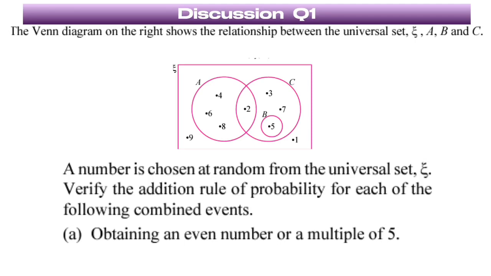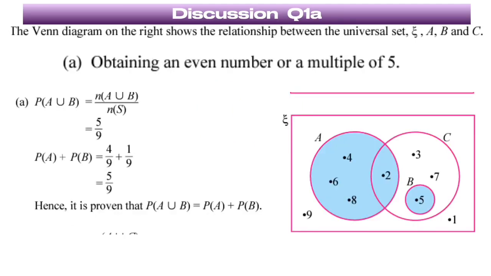Let's discuss this. First of all, we draw the Venn diagram to show the relationship between the universal set and sets A, B, and C. So obtaining an even number or multiple of 5. Even numbers we have 2, 4, 6, 8.